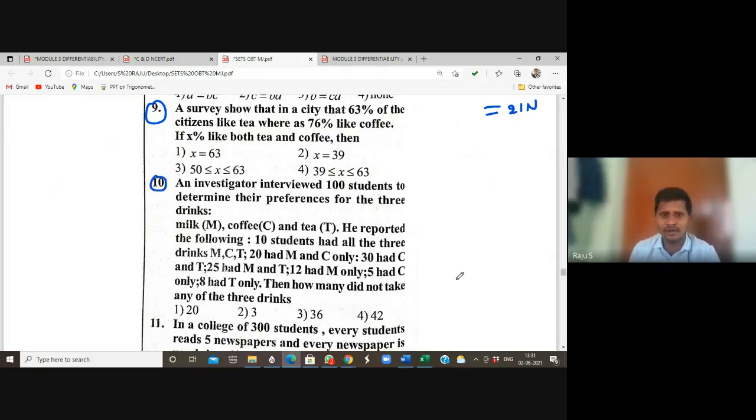This kind of question has already been done. You can do question number 10 first. Find the answer and tell me what the correct answer is.